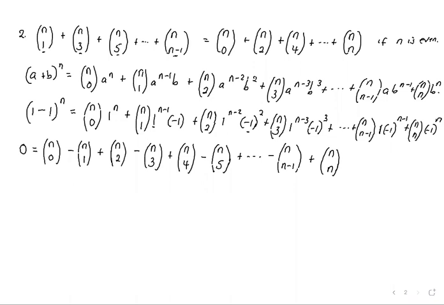Here, where you're saying the second expression, where you said (a plus b) to the power n is equal to this, then the last part you have said n choose n minus 1, a times b to the power n minus 1. How was it like that? And why are we equating to 0 again?